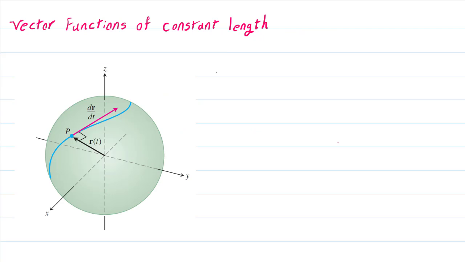Next part is about vector functions of constant length. Suppose this curve is a particle's path moving on a sphere centered at the origin. At each time of t, the length of r of t is the same.